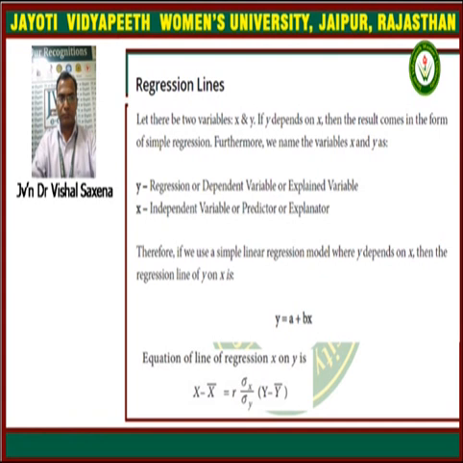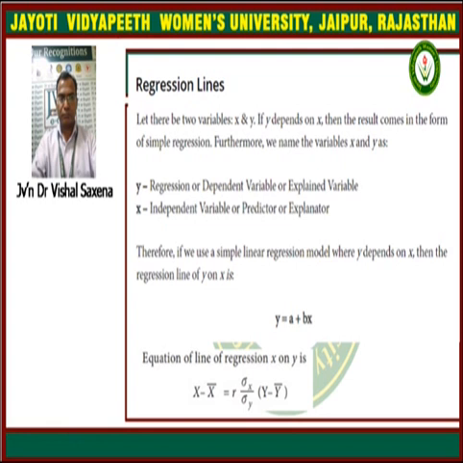Similarly, the line of regression of x on y is where the variable x depends upon y. The line of regression y is equal to a plus bx can be considered the line of regression of y on x, because here y is a dependent variable depending upon x.